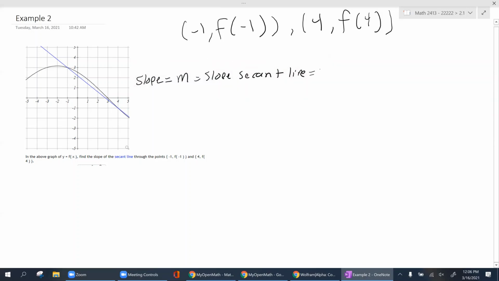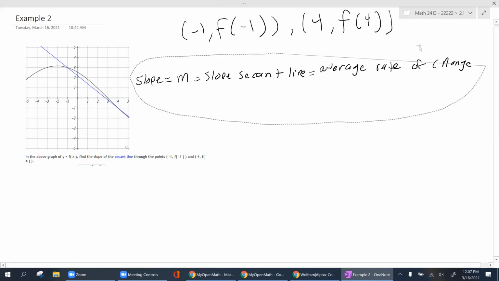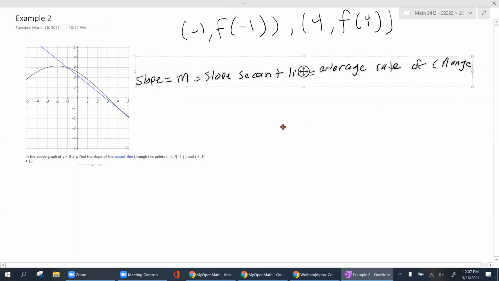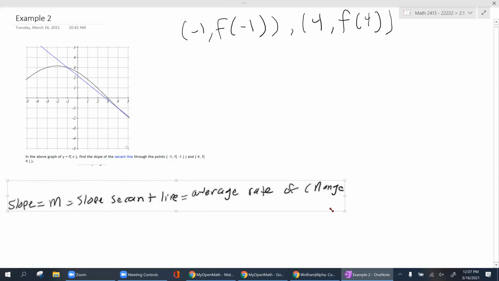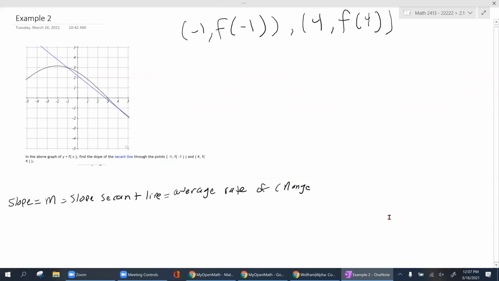This slope is also the same thing as average rate of change. So in other words, if I ask you, hey, find me the average rate of change of this, it's just saying, hey, find me the slope. That's all it's saying. And last but not least, what is the formula for slope?